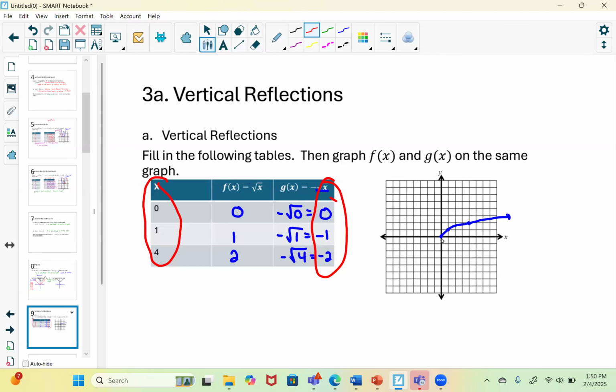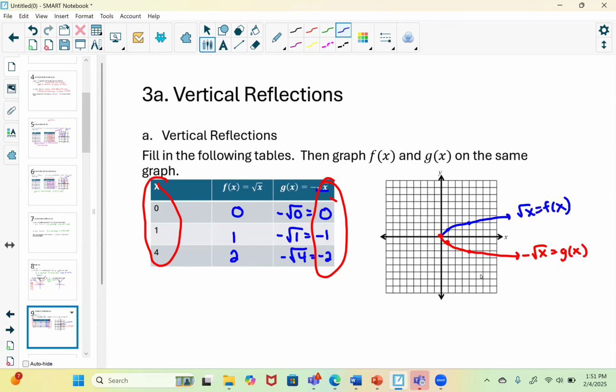So I have the point 0, 0 still, but now I have 1, negative 1, and now I have 4, negative 2. Okay, and so this is my new graph. This is the graph of negative the square root of x. And this is the graph of the square root of x.